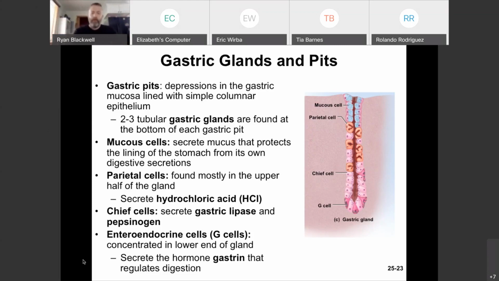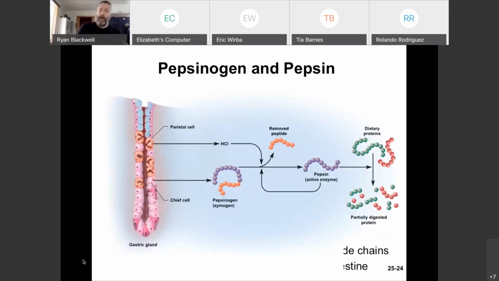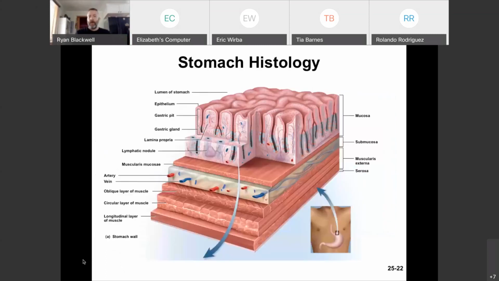Now, let me scroll back one slide. So can everyone now see my slide number 22? Okay. Yeah. So again, we talked about this last time. When we look at the histology of the stomach, always look from the inside, the lumen, out to the muscle.